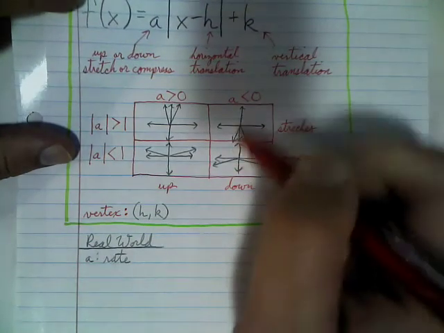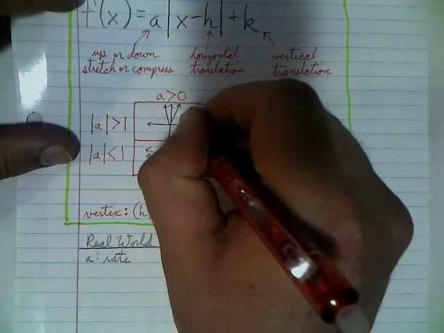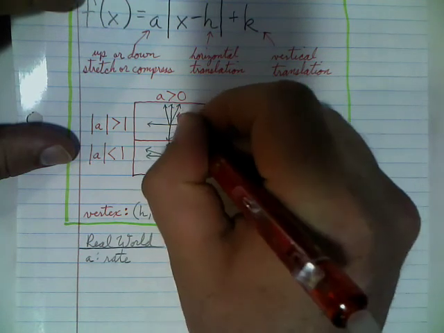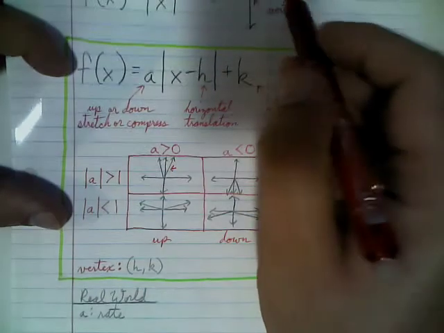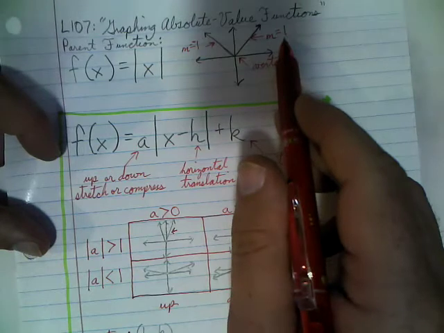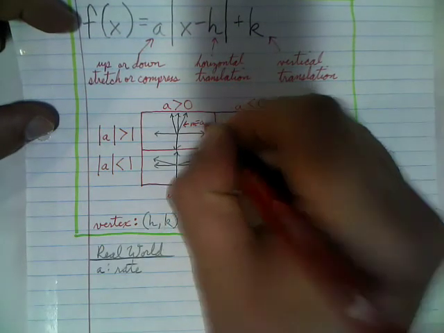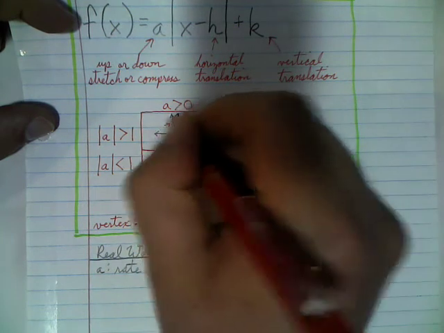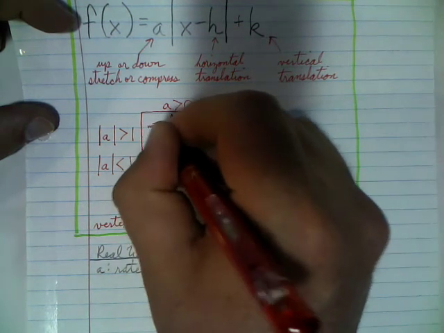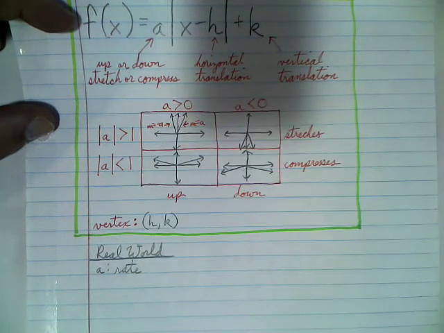Oh, and by the way, we're going to come up here for a quick second. I forgot to mention this. The right side now, instead of being a slope of 1 like the parent function, the slope on the right will be A. The slope on the left will be negative A. And that's actually true for every single one of these.